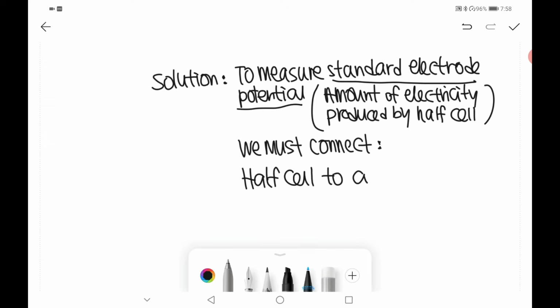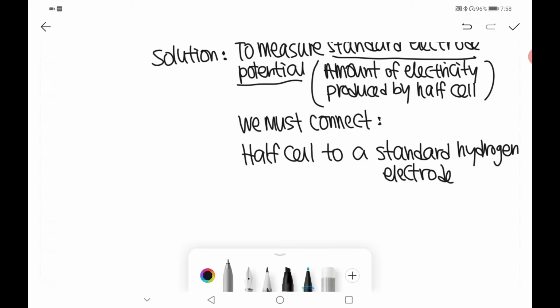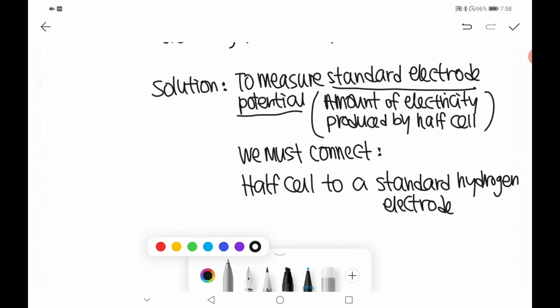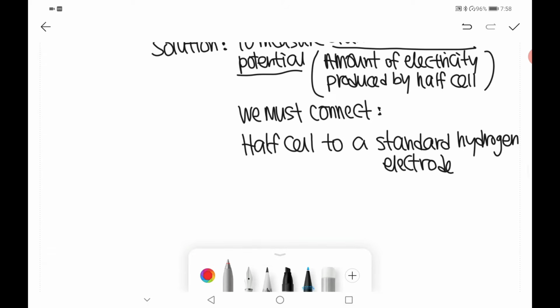This special thing is called standard hydrogen electrode. So whenever we want to know how much electricity we have in the half cell, we must connect the half cell to a standard hydrogen electrode.